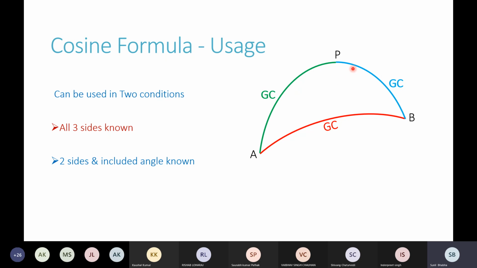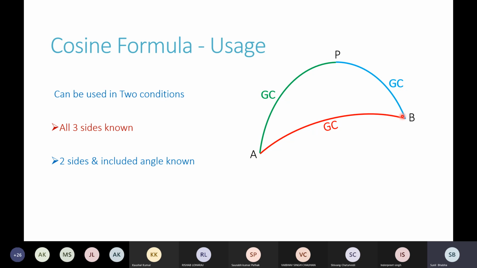So in this case also, two sides known to us and the included angle known to us, cosine formula can be applied. Now when we apply the cosine formula, the first thing which we will be able to calculate is the missing side, the unknown side. In this case, the side AB, Alpha Bravo.